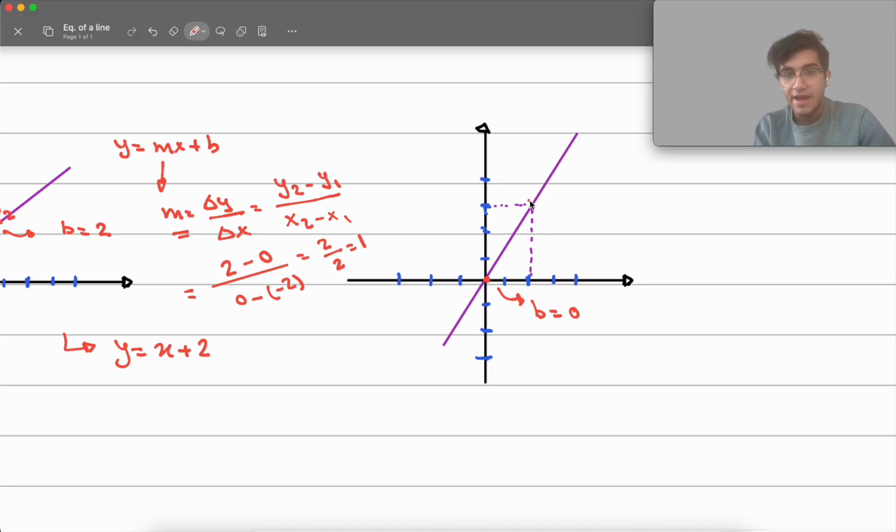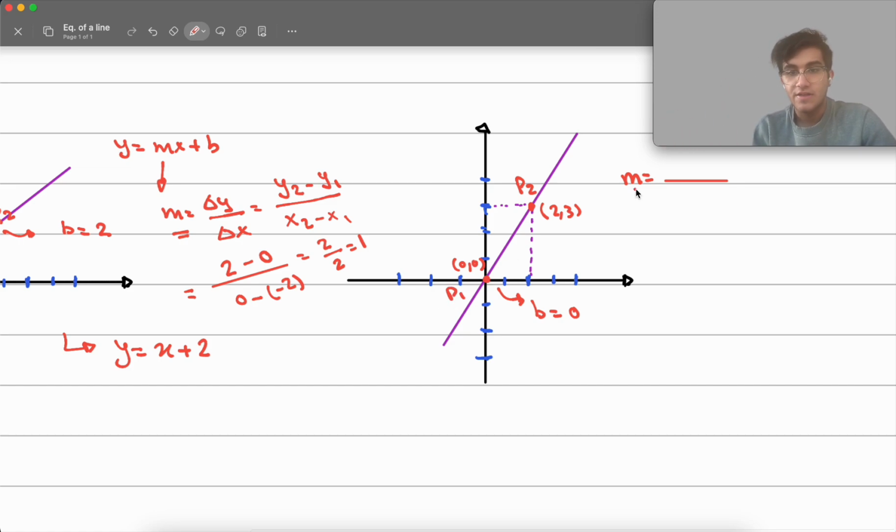For this one right here, now I know that b, which is the y-intercept, is 0, and if I just pick 2 points on this line, I choose these 2. This is the point 2, 3, and this is the point 0, 0. For finding the slope, I only need 2 points where I can calculate the difference between the y coordinates over x coordinates. If I pick this as my second point and this as my first point, it does not really matter again which point of these 2 you choose as your first or second.